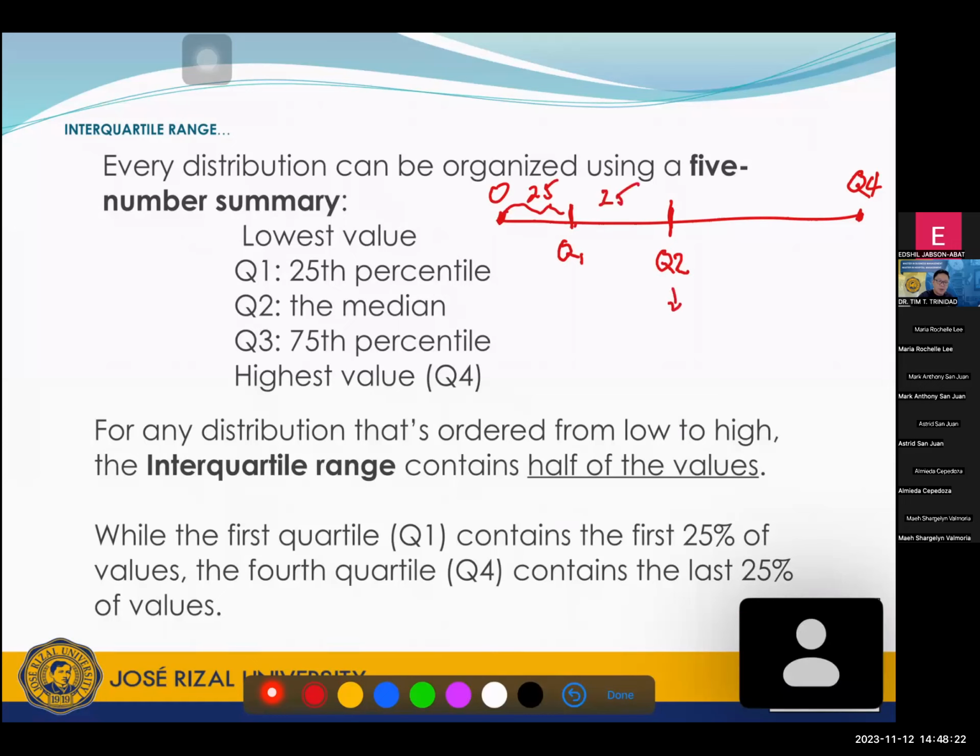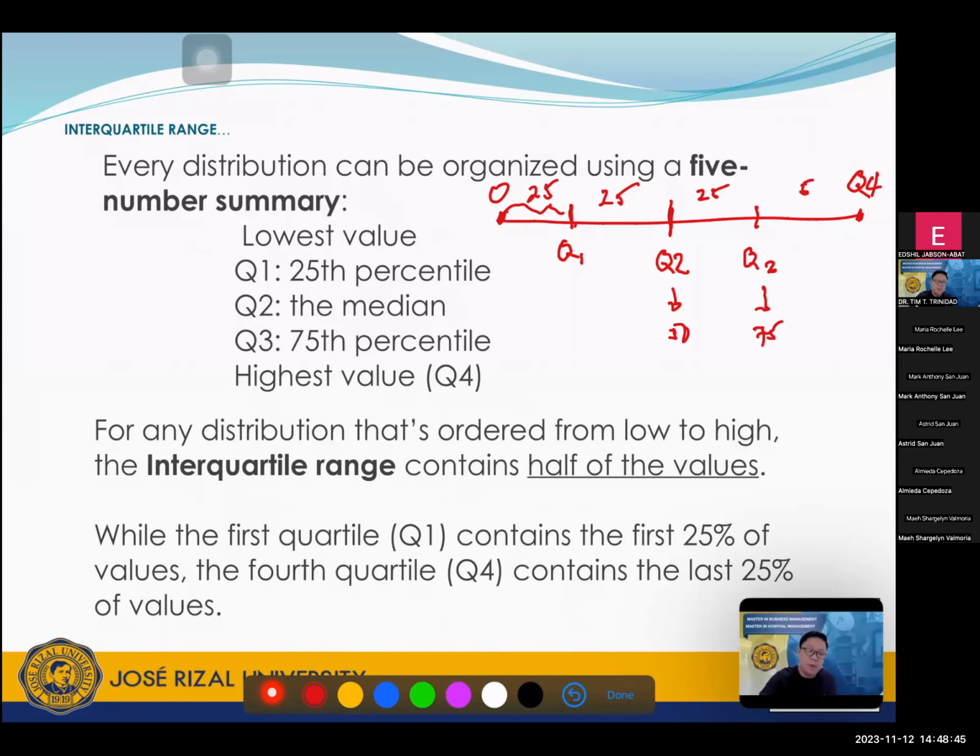So your interquartile will be at 50. That is the middle. And then if you divide Q2 and Q4, you get Q3. The value here is 25, and this is 25, and the value of this will be 75. For any distribution that is ordered from low to high, the interquartile range contains half of the values.